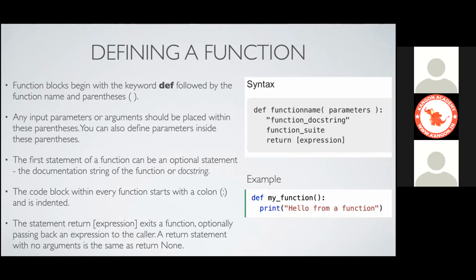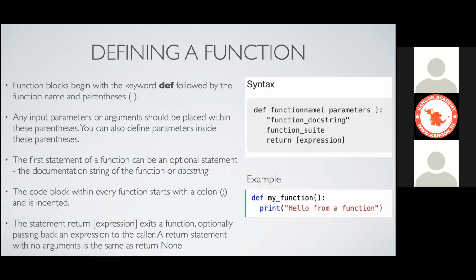Any input parameters or arguments should be placed within the parenthesis. Those parameters can also be defined inside the parenthesis, that means you can explicitly put some values also, but that is not necessarily required, because when we call a function, we'll definitely use those parameters.